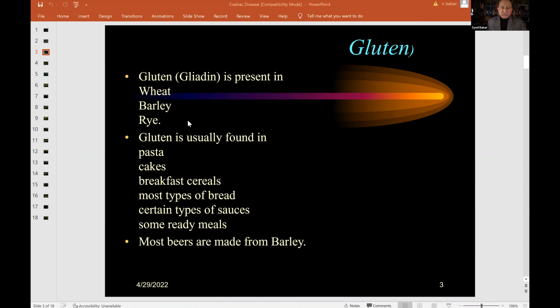Gluten as part of food is found usually in pastas, cakes, cereals, most types of bread, certain types of sauces, some ready meals as well. Remembering that most beers are malted varieties made from barley. So there's a large range of food products which contain gluten.